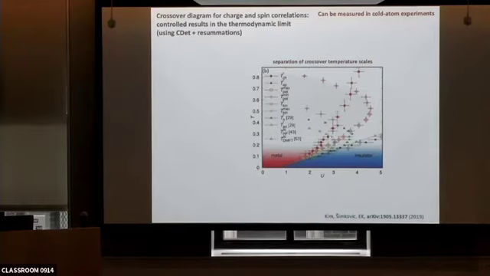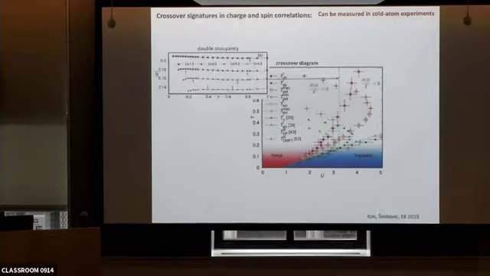The self-energy data, the ones I showed on the previous slide, are the green points here, and I'm going to guide you through this figure gradually. So let's start with double occupancy.